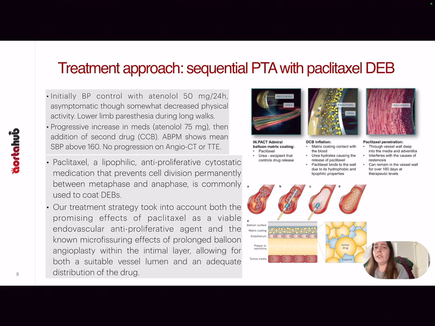So in that manner, we knew that we wanted to combine the known effects of progressive dilation with balloon angioplasty with drug-coated balloons. Paclitaxel is an anti-proliferative drug that is well known and well used for treatment of different pathologies like coronary artery disease, as well as renal artery stenosis in some genetic syndromes.